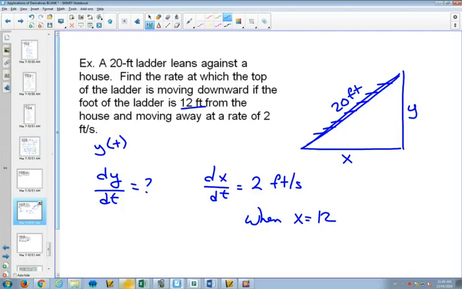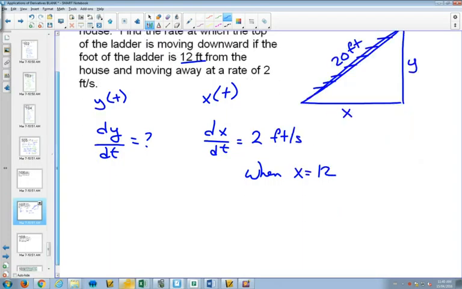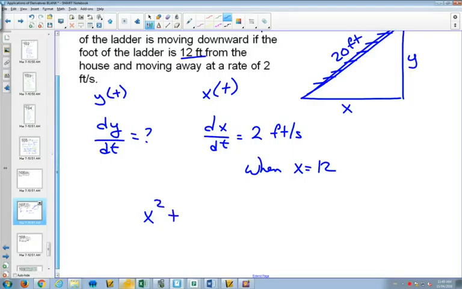So, how do we set up a relationship between x and y in this case? Again, we can use a squared plus b squared equals c squared. X and y both change, but can you see this time your hypotenuse is always 20.